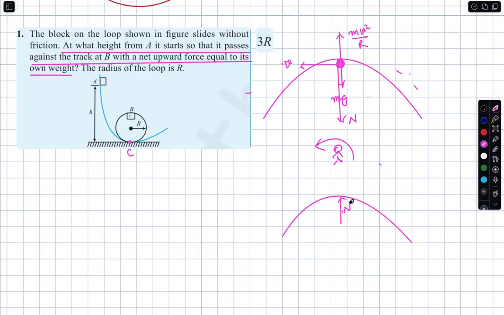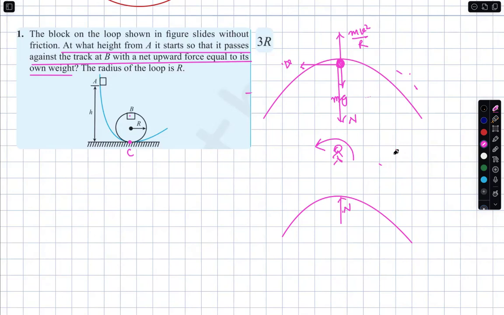It is exerting a force N upwards on the track. Is he saying that N is mg or something else? N is the only upward force on the track. Come on, mg is acted on the block. mv square by R is acted on the block. But the only force of interaction between the block and the track is N. The block exerts a force of N on the track vertically up.